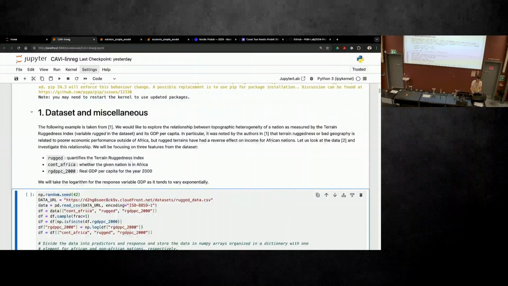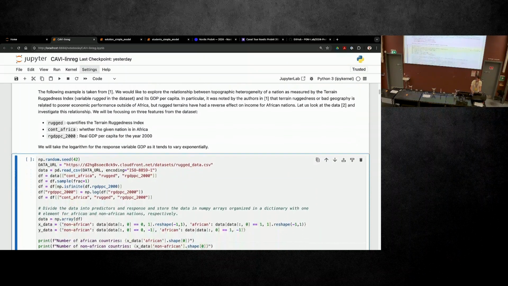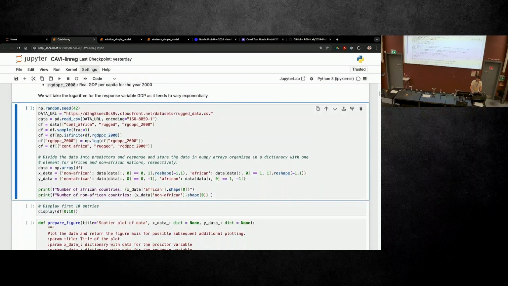There's a bit of background on the data set that we have here, if you would like to dig into that. Here we are loading the data, and the only thing worth noticing is the way that we organize the data. We have the predictor variable X and the response variable Y, and these two are given as dictionaries where we have one component for non-African nations and one for African, both for the predictors and the response variable.